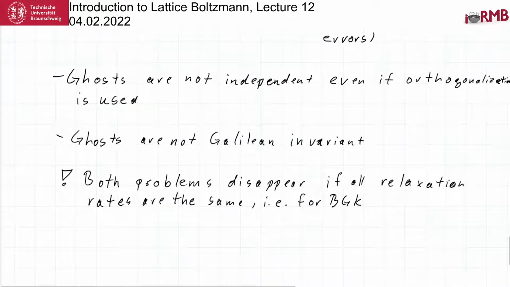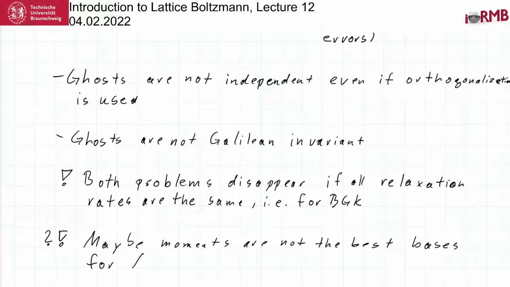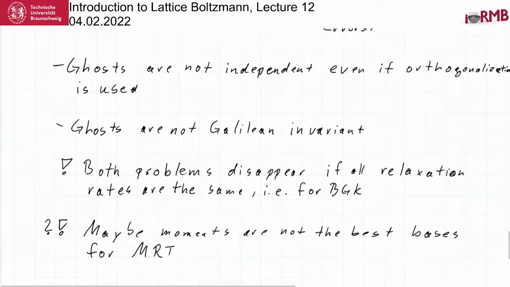So this leads us now, we have half time, this leads us now to the question or the recognition that maybe, just maybe, moments are not the best basis for MRT, and we could use a different set of variables.